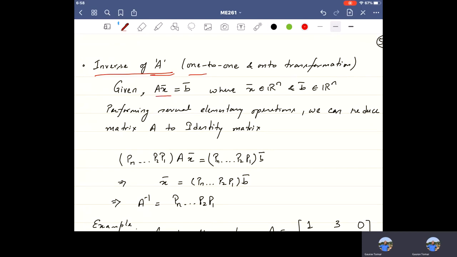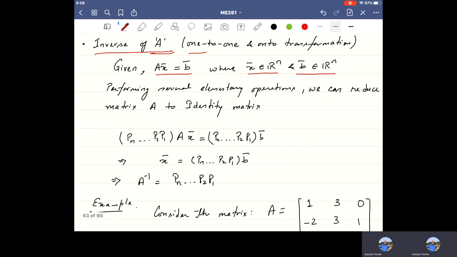So given the system Ax equal to b, where x belongs to Rn and b belongs to Rn, it has to be a one-to-one onto mapping. What you do is, by performing some elementary row operations, let's say P1 to Pn, and we are talking about pre-multiplying, that means row operations.